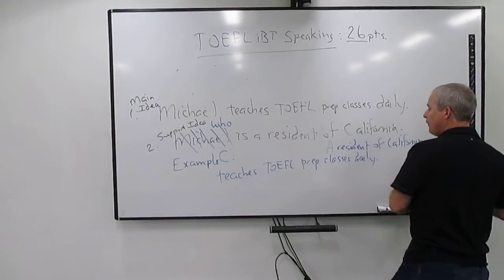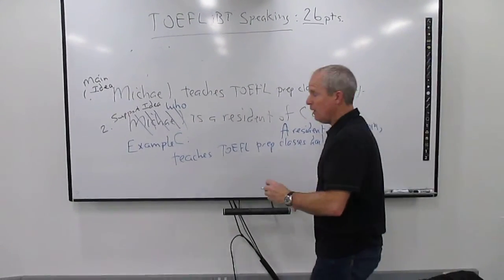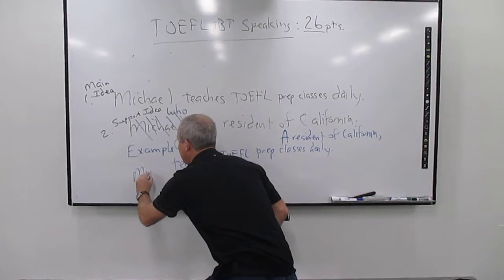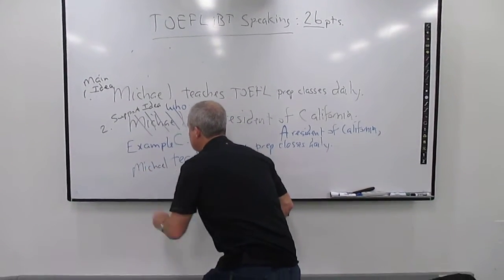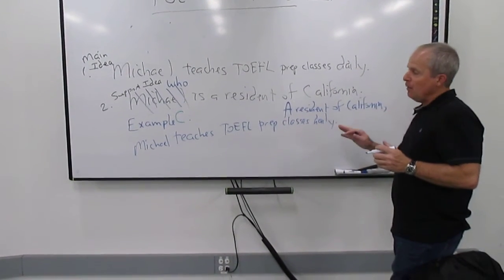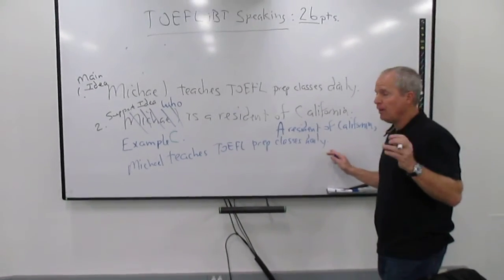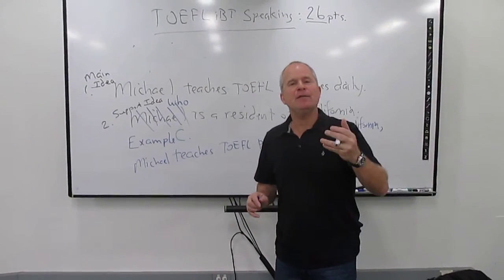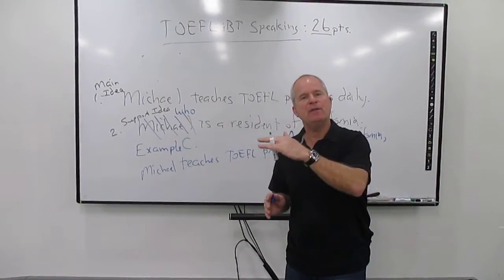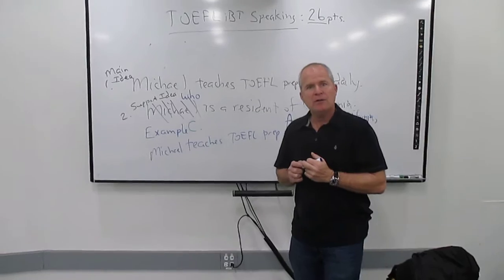So I will say here, a resident of California, and then I put Michael here. So let's check this out. A resident of California, comma, Michael teaches TOEFL prep classes daily. And guess what? Example C is the most advanced of the different sentences that I just showed you in this video. So what can you learn?